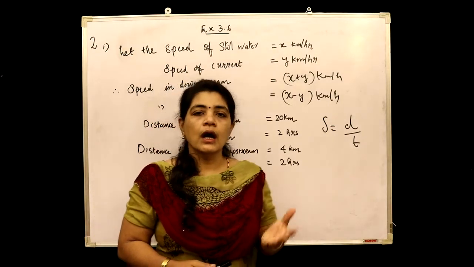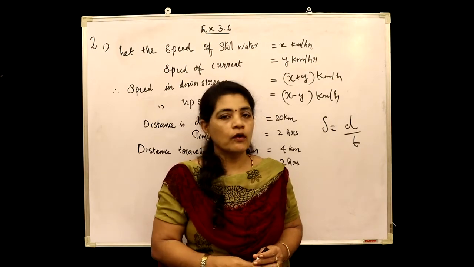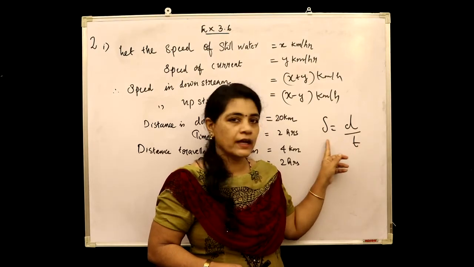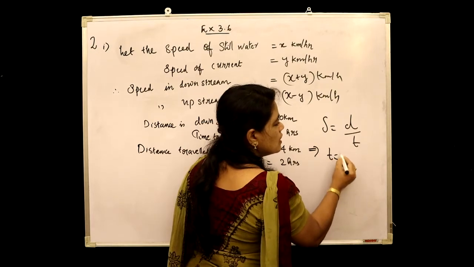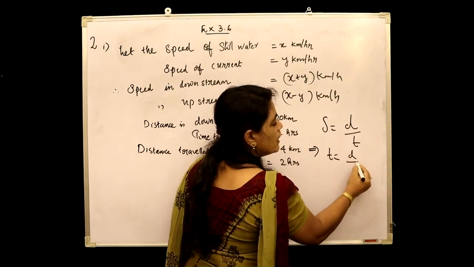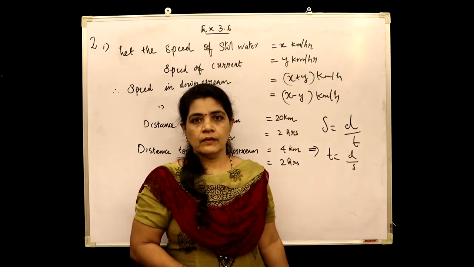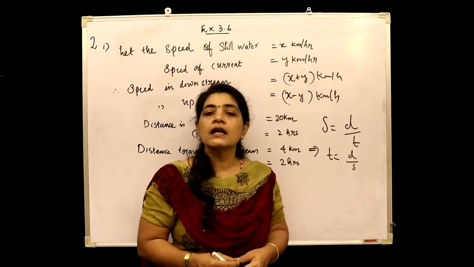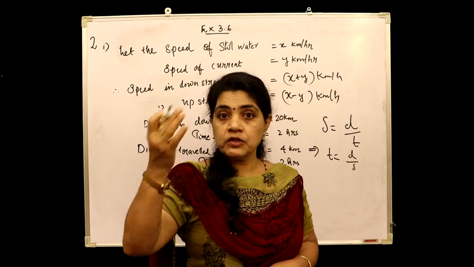So I am going to represent this situation with respect to time. Speed is equal to d by t, which implies t is equal to d by s. In the same way we have to represent the second condition, that is the time taken in upstream.